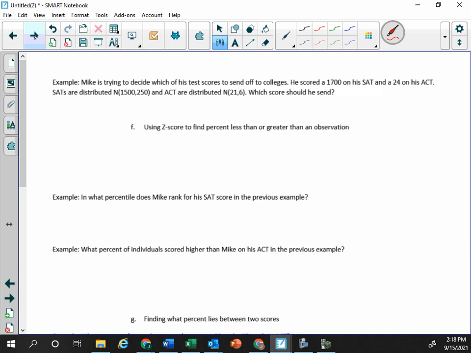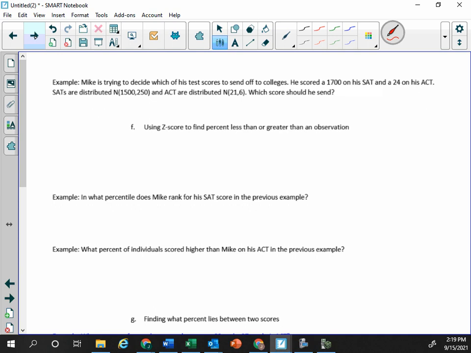All right, so we have Mike. He wants to figure out which score to send up. He's got his SAT score and his ACT score, and he wants to basically know which one is better. And I tell you, this N(1500, 250) is the mu and sigma from the normal distribution for SAT scores, and N(21, 6) is mu and sigma for ACT scores. We've got to figure out which one he should send.